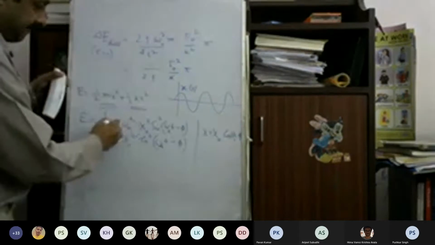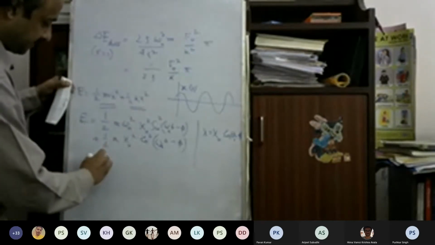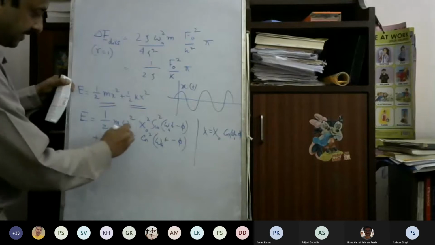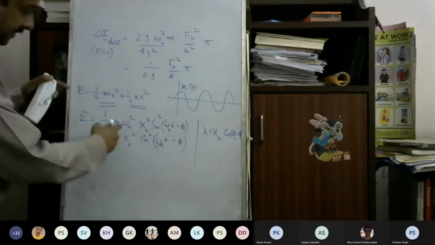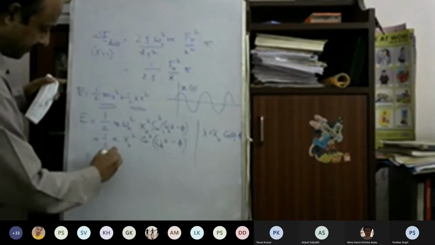And you see that m omega n square is nothing but k, so therefore this becomes equal to half k x naught square, with sine square phi and cosine square.